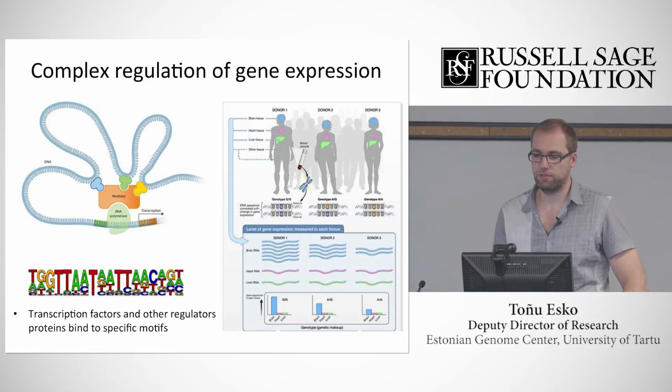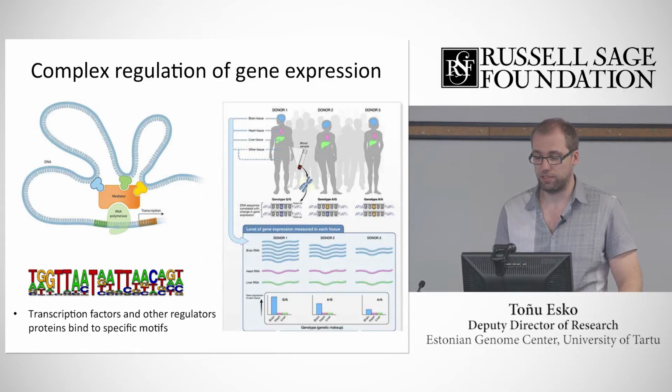Like here, for example, we have 3 donors, the different tissues colored like blue brain, red heart, and liver green, and then we collect their tissue sample, separate the RNA that are present, and then quantify the RNA present either using array technology or sequencing.